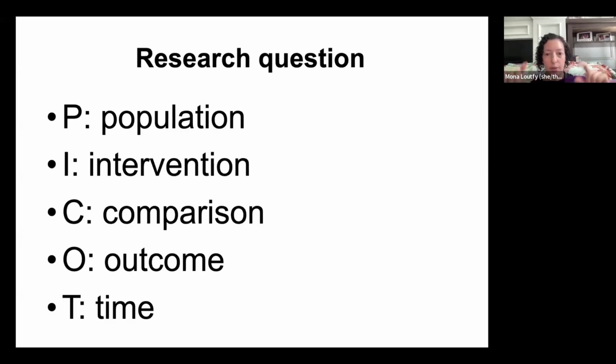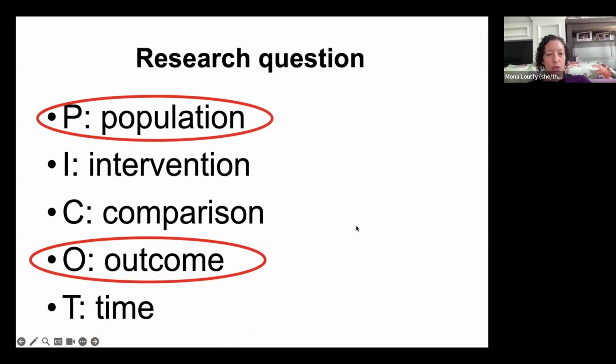So, for example, what we're interested in is an outcome in younger people. So the independent variable of interest is younger people, and the comparison would be older people. And then O, the outcome, which is the variable we're interested in. And then T is time. At what time frame are we measuring that outcome?